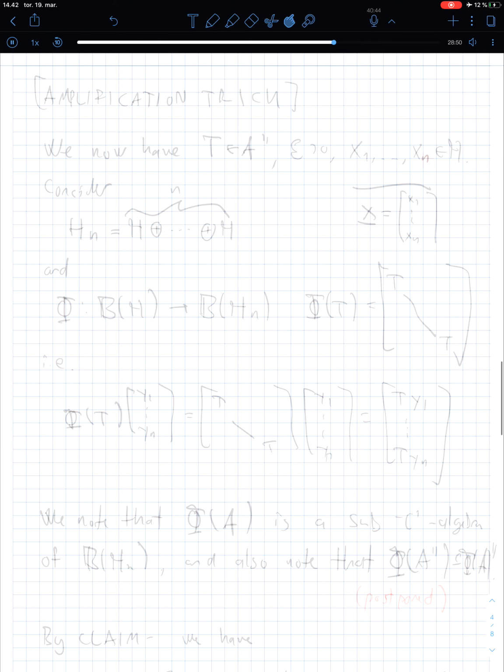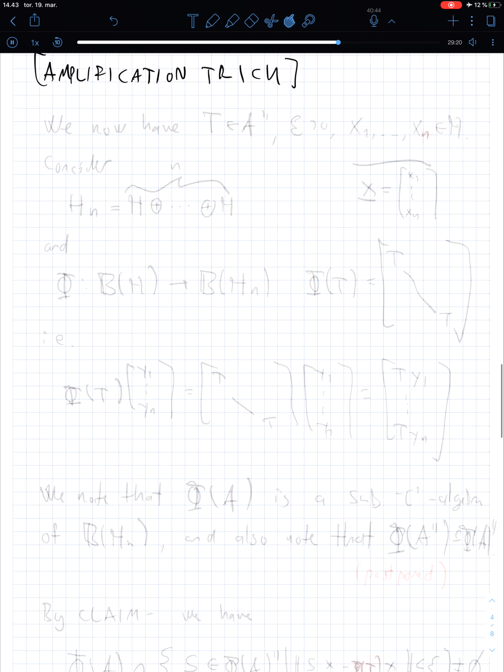So the idea is that we take all the information in the n tuple that we need in the claim, and we bake it into a single element in a bigger Hilbert space. So this is the amplification. I think it's fair to call it a trick, which all of this goes back to von Neumann.